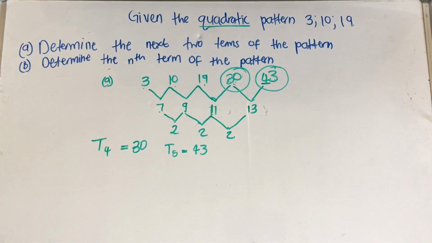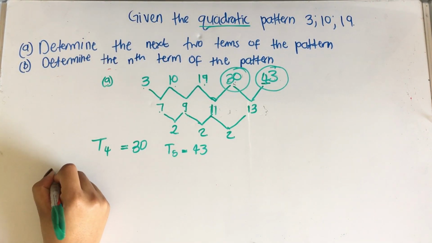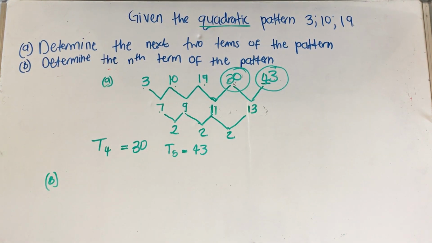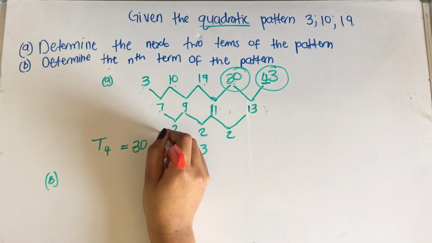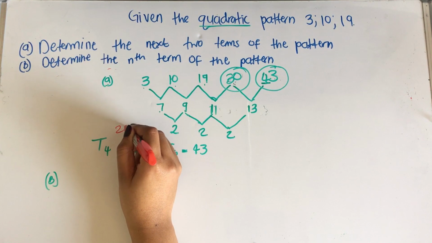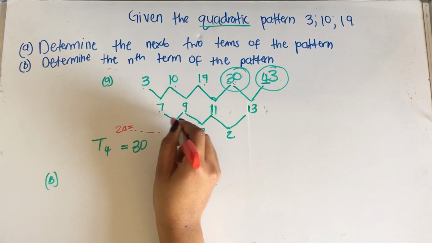And then moving right along, B says determine the nth term of the pattern. Alright, before we can determine the nth term of the pattern, it's important to remember this. 2a is equal to that.